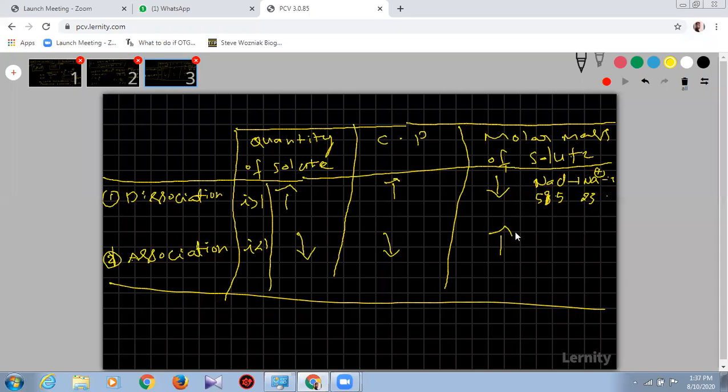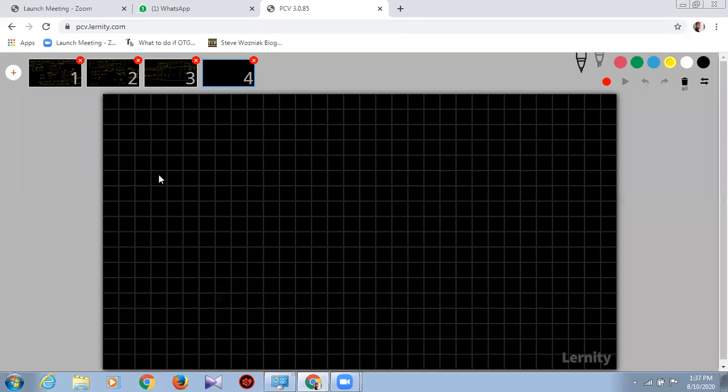So this is the case of dissociation and association. Based on this we can write, as I already told you, i is equal to observed colligative property by theoretical colligative property.